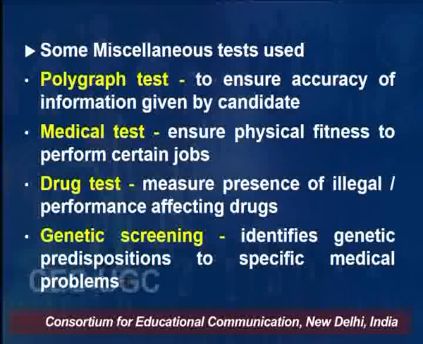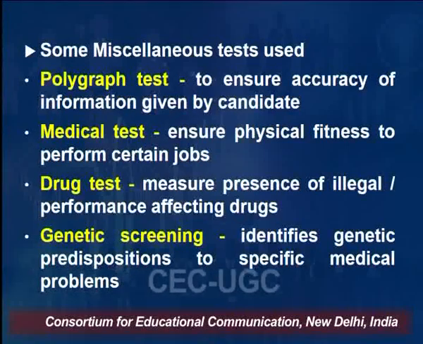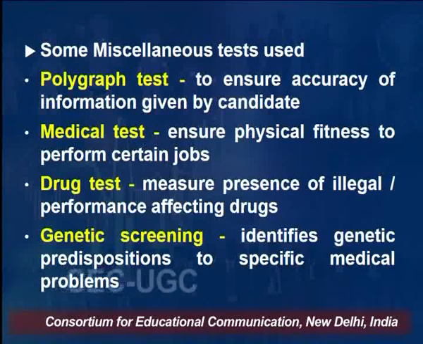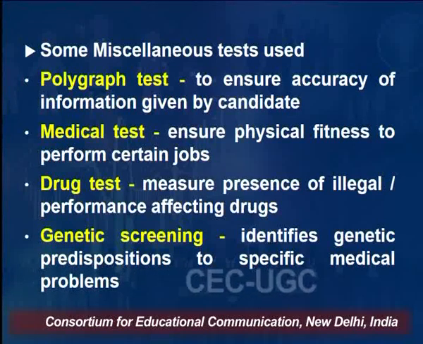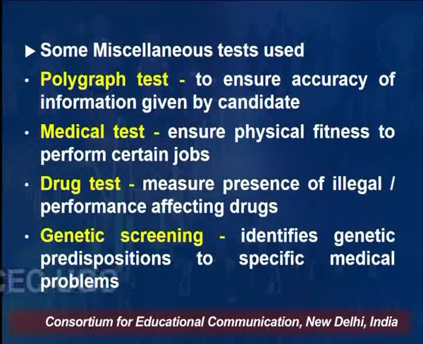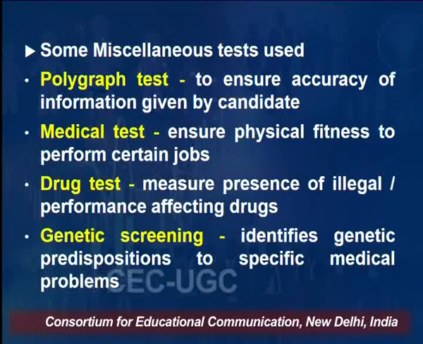Now these are some of the miscellaneous tests that are used in certain organizations. These are not very common, and not necessarily does every organization or every job need candidates to be tested with these tests.